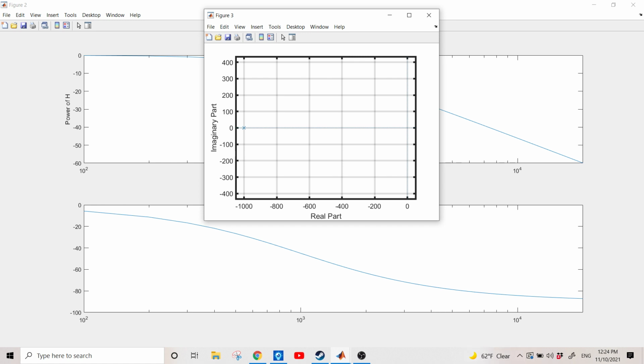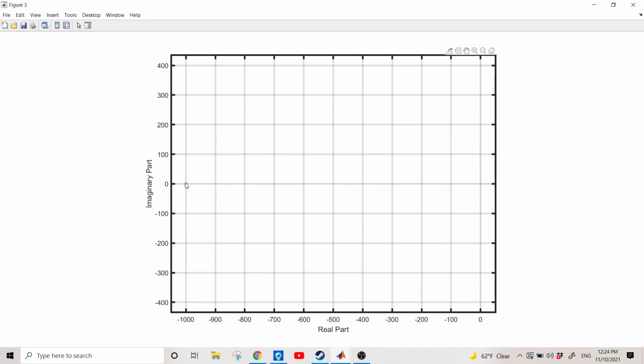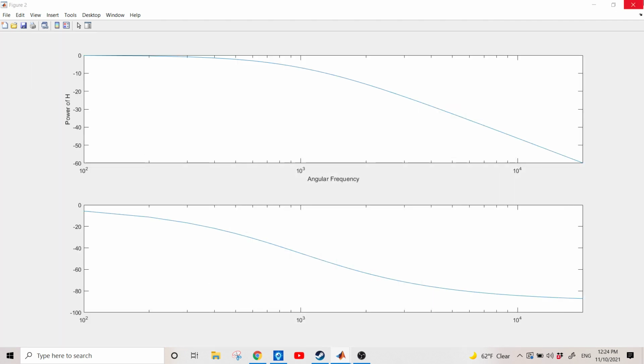This is using the Z-plane function, I think. Let me see. Yeah, Z-plane. If you can see, that right there is our little pole, minus 1k, and here's our zero. All our poles are on the left side of this zero marking right there. That's how you'd see this. Hopefully that was a little helpful.